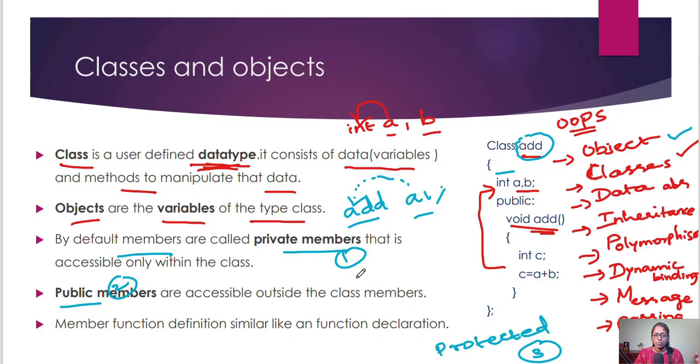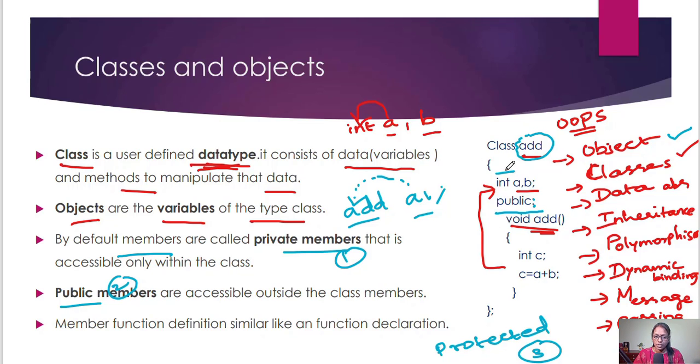So now you see what a private member is. If you are not defining any access, it is private. Here they are specifying public. This member function, void add, is accessible by the object outside of the class. This public function is accessible outside of the class.